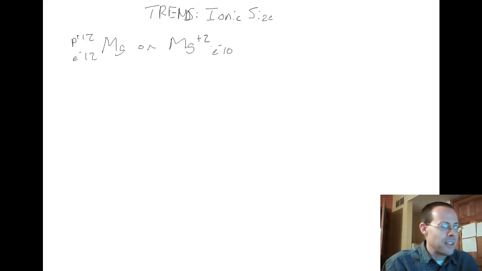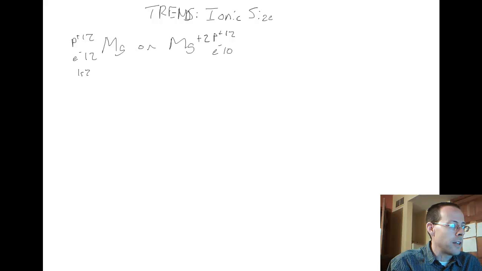If we look at this based on size, they both have 12 protons, but the atom has 1s, 2s, 2p, and 3s electrons. However, our magnesium ion, because it's lost 2 electrons, only has 1s, 2s, and 2p electrons.